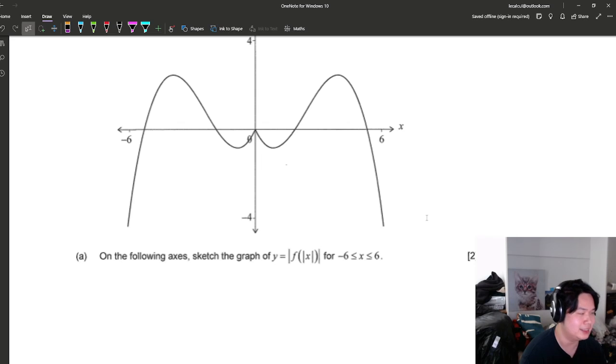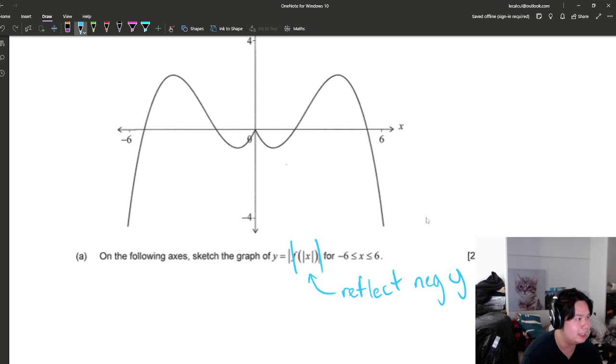So all that really is saying is like, these outside ones are essentially just saying reflect negative y. So this gets reflected like that. This also gets reflected upward.